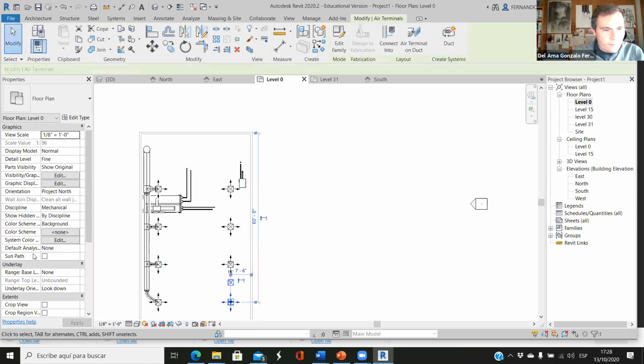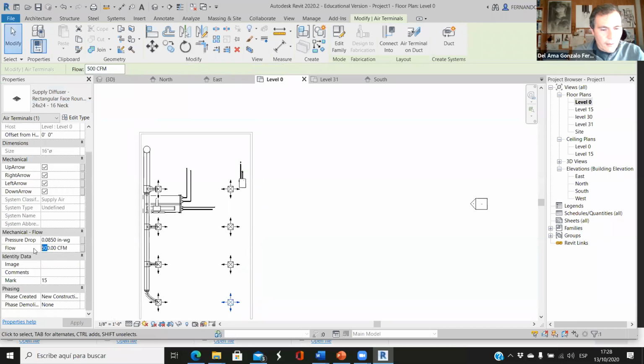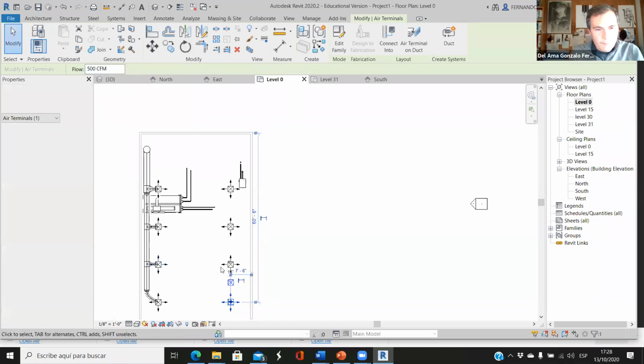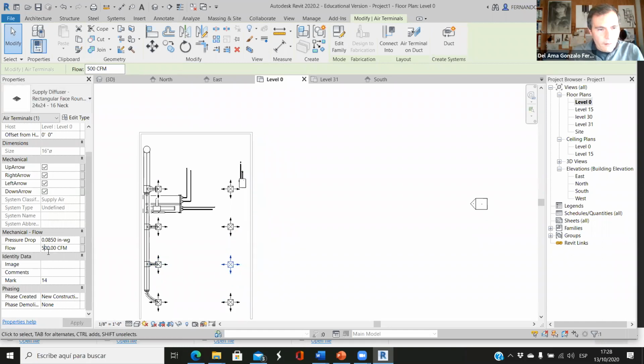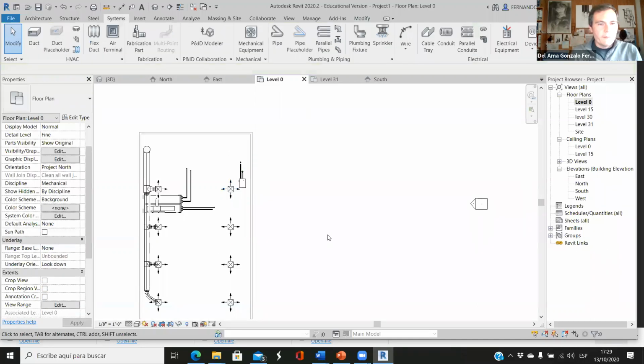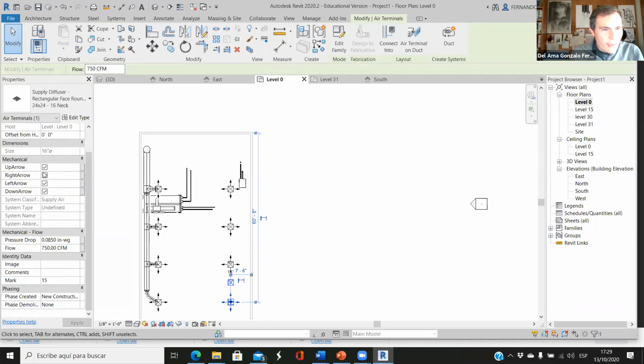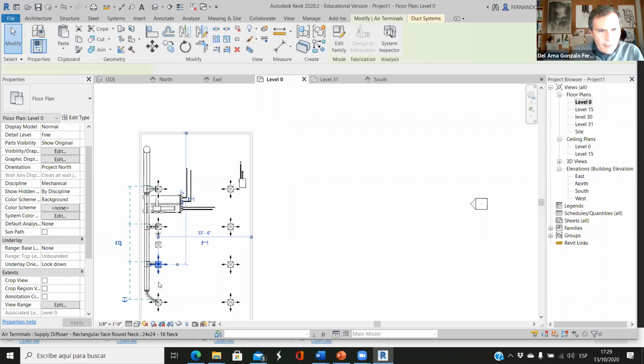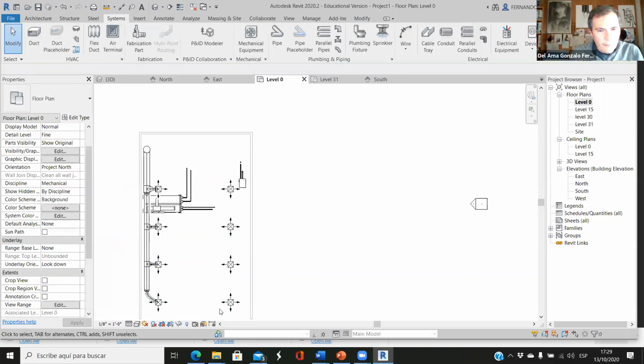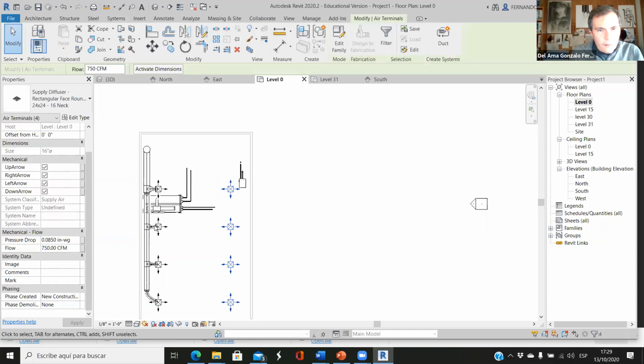Oh, I have to change this. 750, 750, 750, and 750. And now I have to change the elevation because it's 0, and I think this is at 9. Yeah, it was at 9. So I select this, I change the elevation, 9.